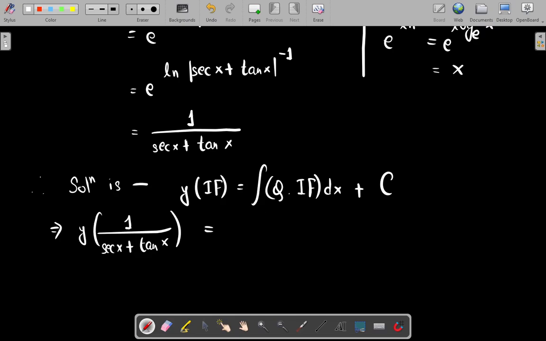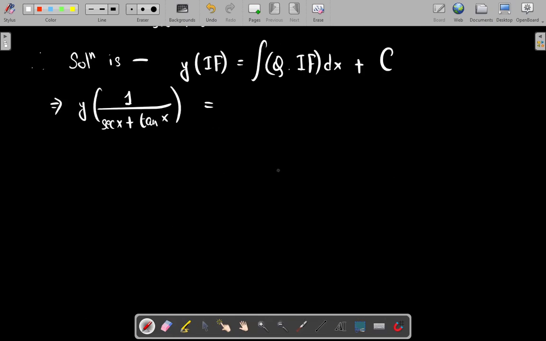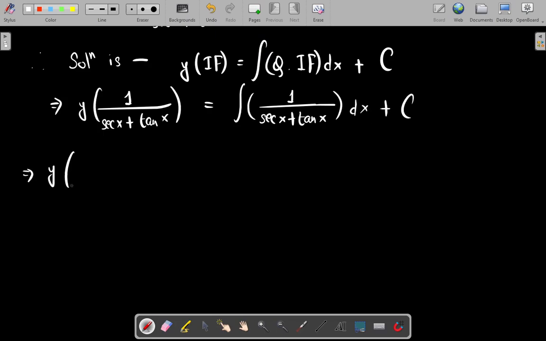And q is nothing but 1. So this now becomes 1 times this integrating factor, 1 upon sec x plus tan x, dx plus c.